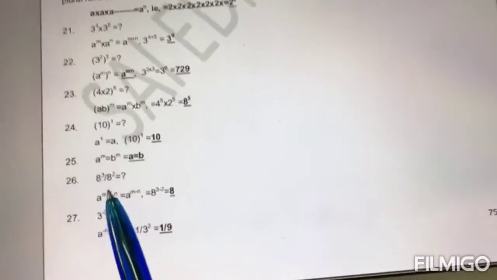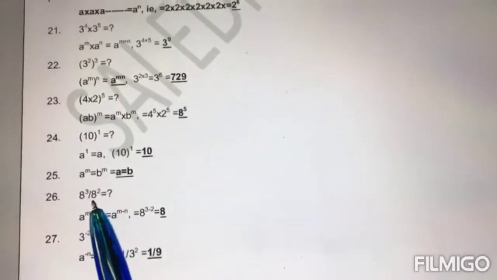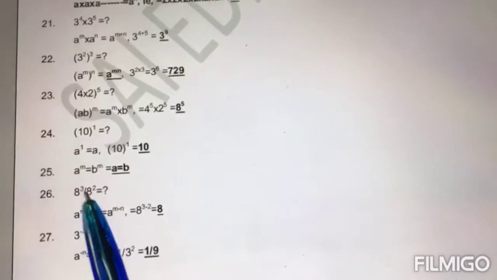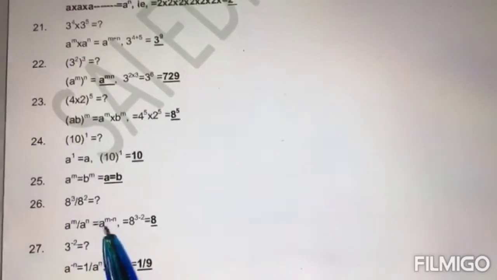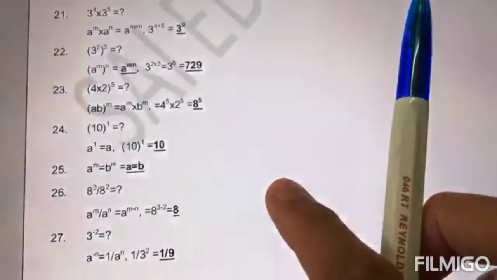Okay, for the second rule, let's look at number 26. When two exponential terms are divided, where the bases are the same, but it is division instead of multiplication, for example, 8 cube divided by 8 square, then because the bases are the same, we can subtract the exponents.